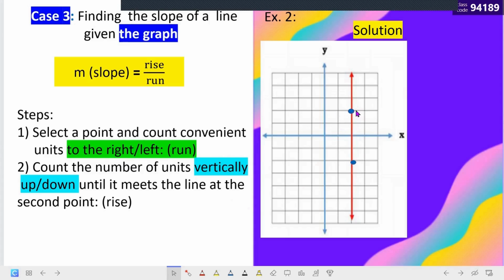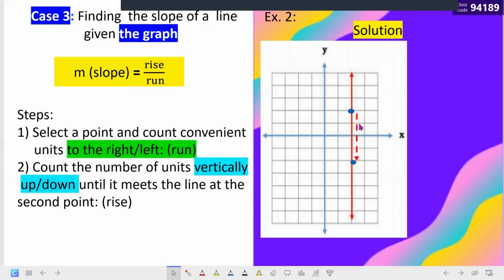So in this case, there is no movement along the run, meaning our run here will be 0. We can only move vertically up or down. So if you can see this, to go to the second point, you can only move downwards, vertically down. So walang movement dito sa horizontal. Ang movement lang natin ay vertical, downwards in this case, because we started from this point.